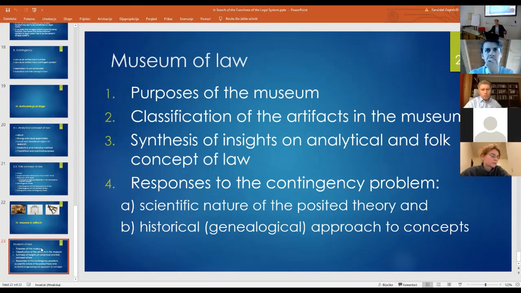And then what he did, he presents different historical documents, which show that, I don't know, Roman people claimed and thought that the verb is a sanction. So this is also a possibility of how to respond to this strong contingency thesis.